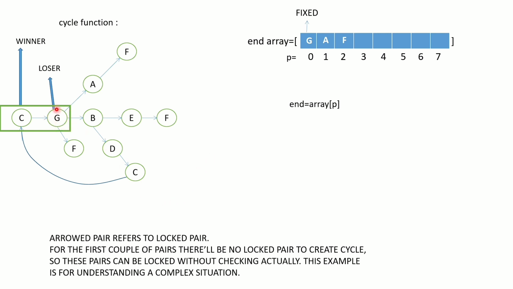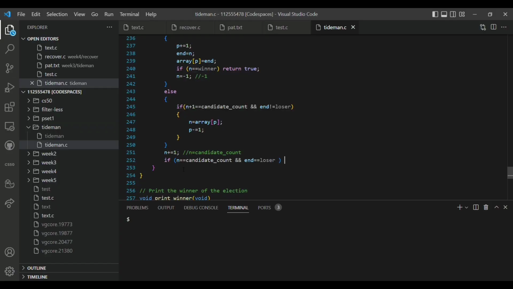If n is equal to loser and n is equal to candidate count, we should return false, because after iterating all over the candidates, we still haven't found any cycle. We still haven't found the winner of the function losing to D. So we should return false.